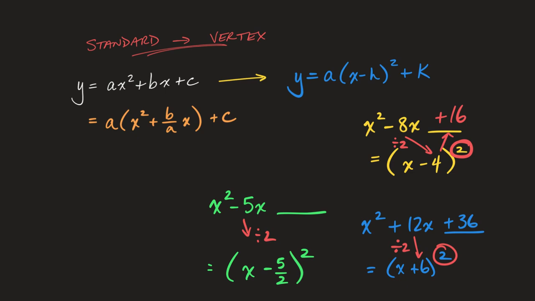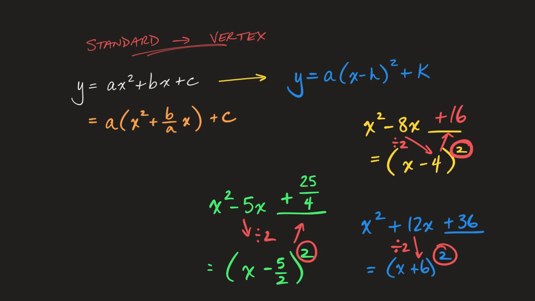But it doesn't stop us. We just happen to get an uglier value, a fraction. Well, now that I have that 5/2 in my bracket, I need to square that in order to get my constant. And when I square 5/2, I'm going to get a positive. Square the 5, square the 2, and there is the constant that would make that a perfect square.